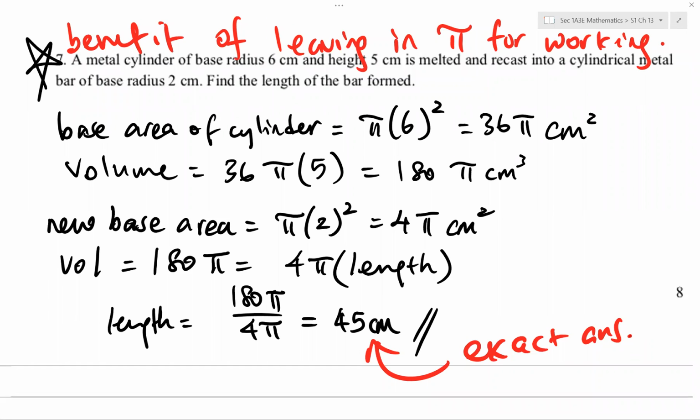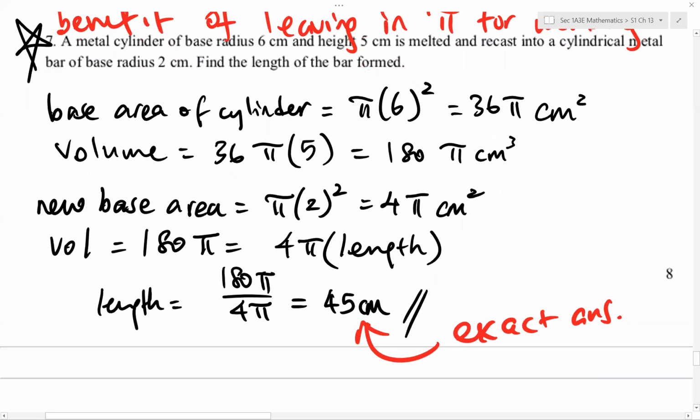Can I move on? Yeah, exact answer is always better than rounded off answer. Okay, moving on.